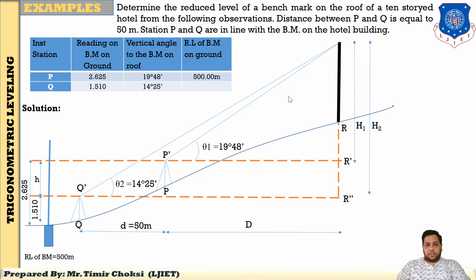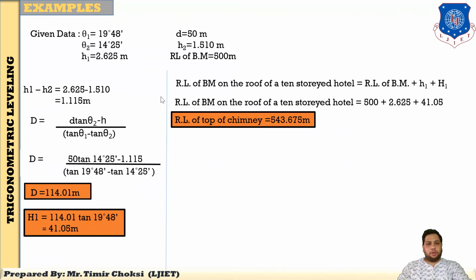So you put all the data: theta 1, theta 2, small d, capital D, H1, H2, and capital H1 and capital H2, which you have already studied in the previous example. So step number 1, draw the figure. Since this example is based on case number B, draw the figure and put all the values in it.